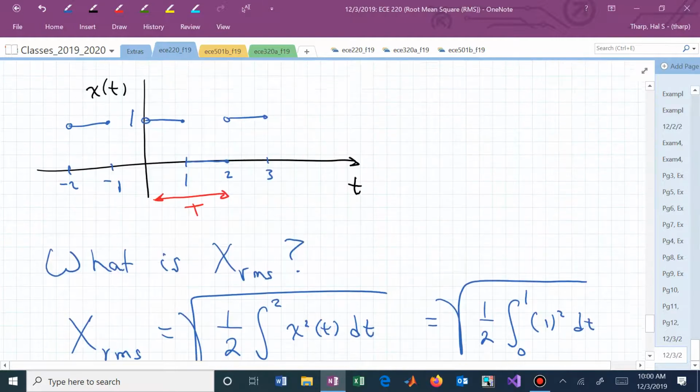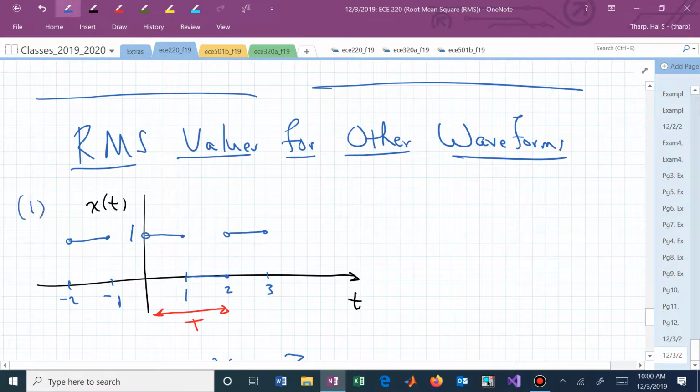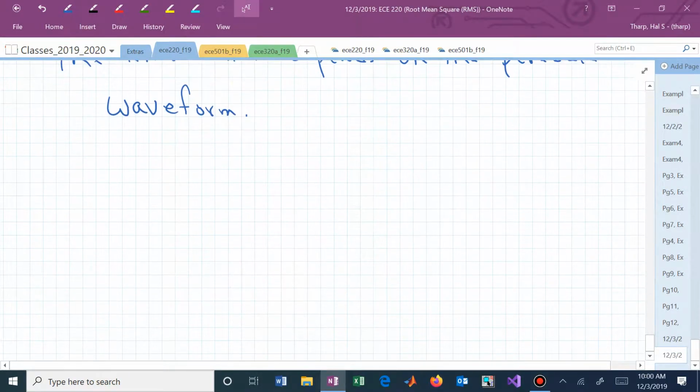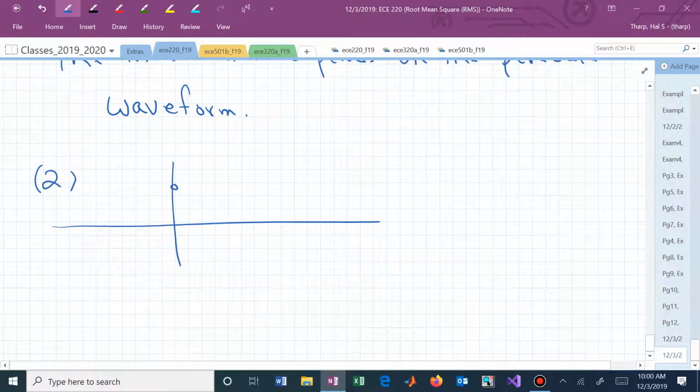If this was, let's say, example 1, let's say now example 2 is y of t. Suppose now we have 1, but now at 1 it transitions to minus 1.